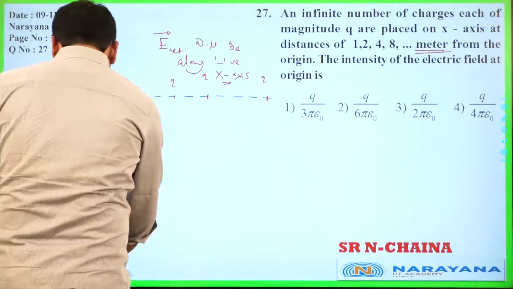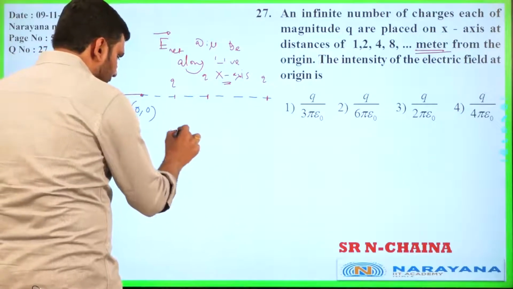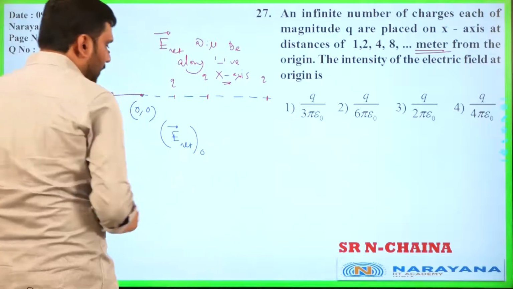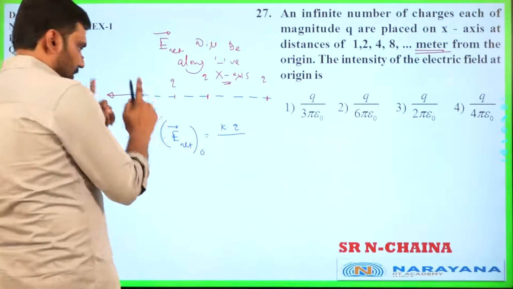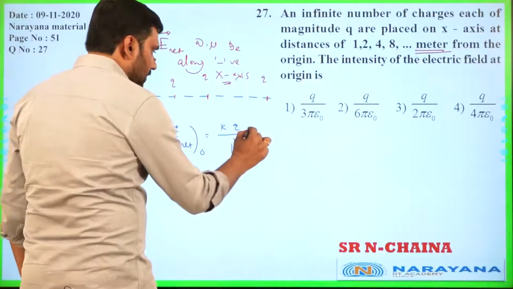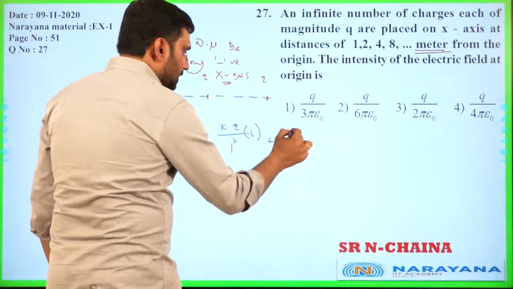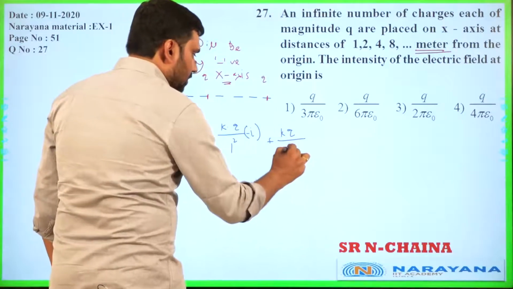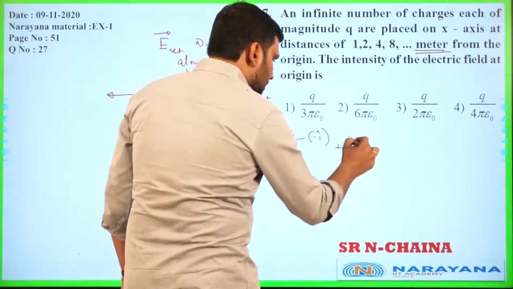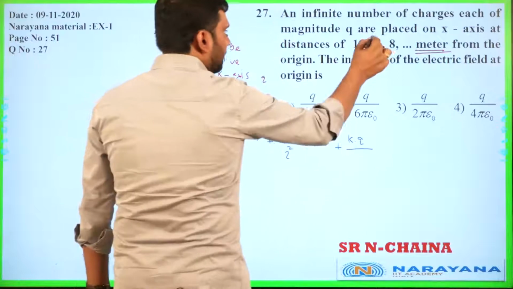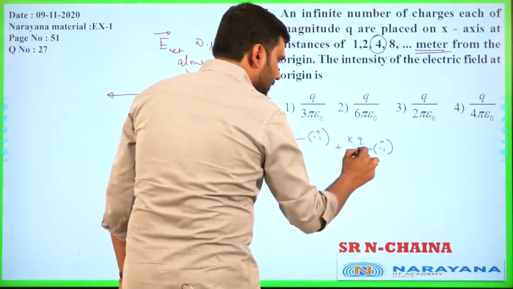All right. So now let us check one by one. So again I will use the superposition principle. E net vector at the origin is equal to K into Q by 1 square into minus i cap, plus K into Q divided by 2 square into minus i cap, plus K into Q divided by 4 square into minus i cap, right?